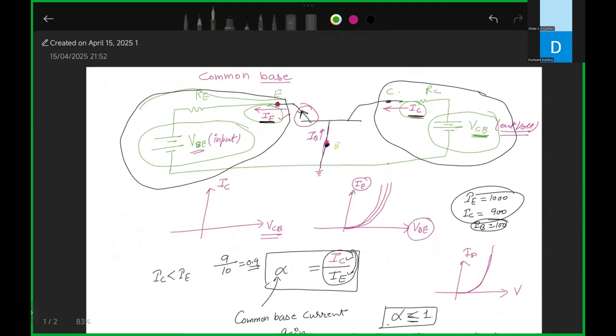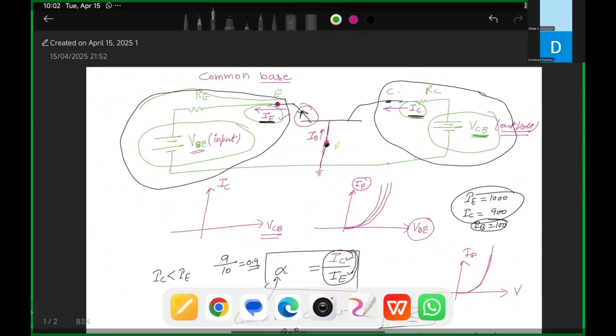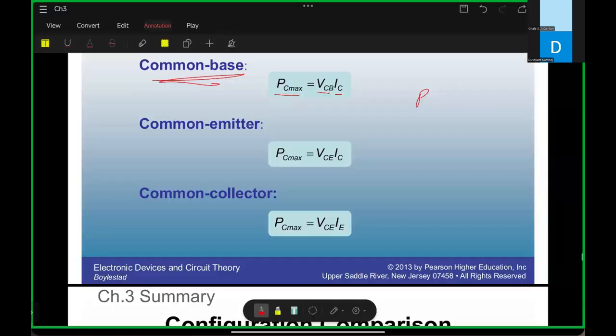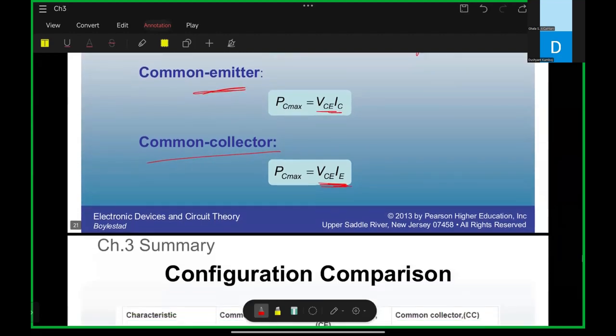So what will be the output power? Power is always current times voltage. Yes, VCB times IC. In the second case, common emitter configuration, what is the output current and output voltage? Output current is IC and VCE. Yes. And in the common collector configuration, VCE times IE. That will be the power.